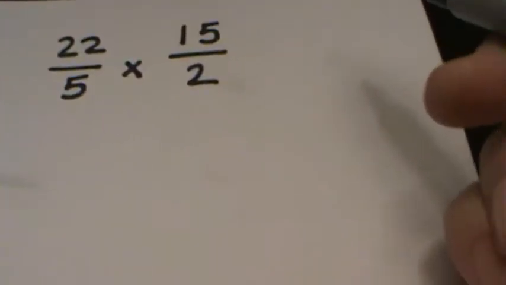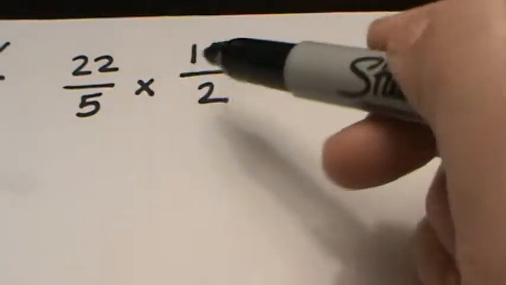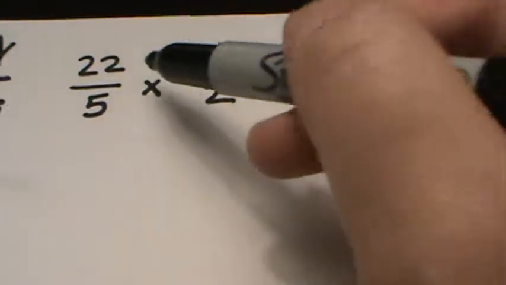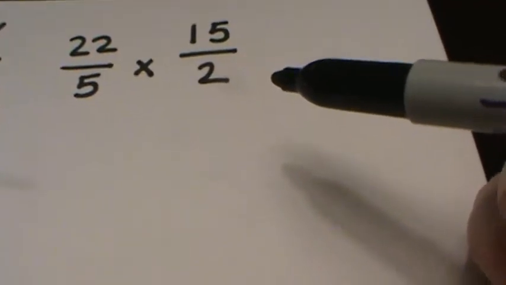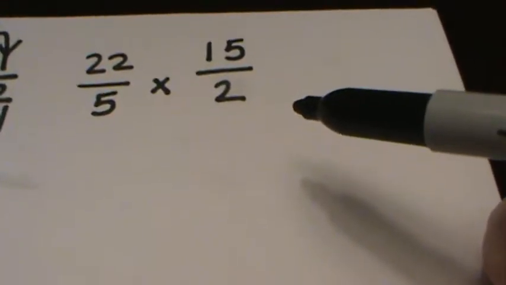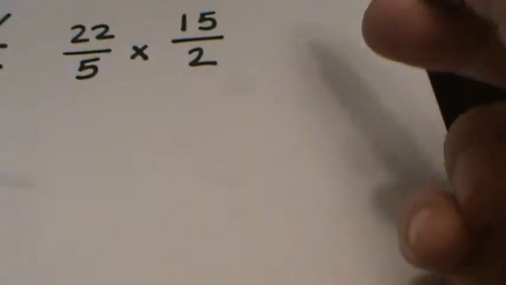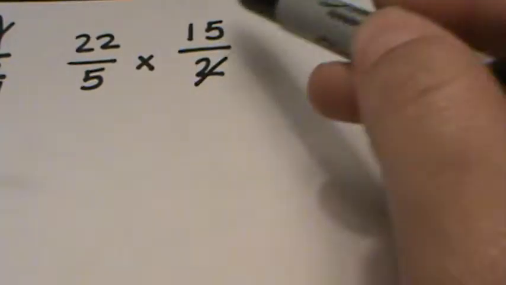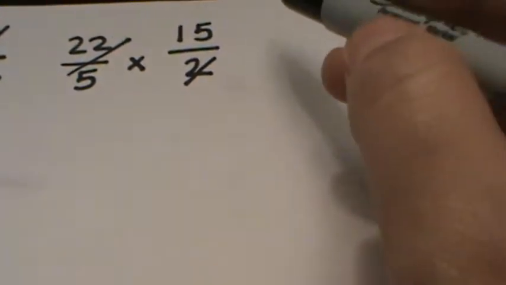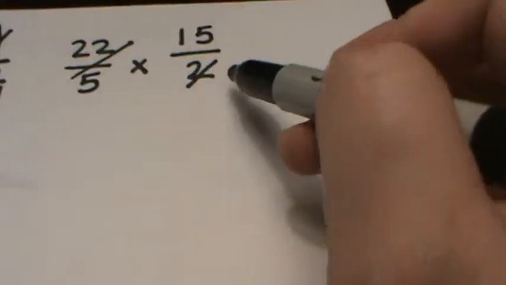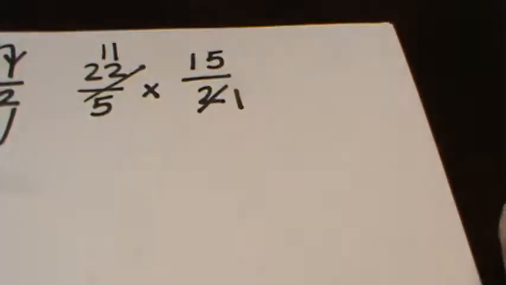We like to make our life simple if we can, so we look to see if the numerators and denominators have any factors in common that they can be divided by. And in this case, again, happily, they do. The 2 and the 22 both share a factor 2. So we divide both of them by 2. 2 divided by 2 is 1. 22 divided by 2 is 11.